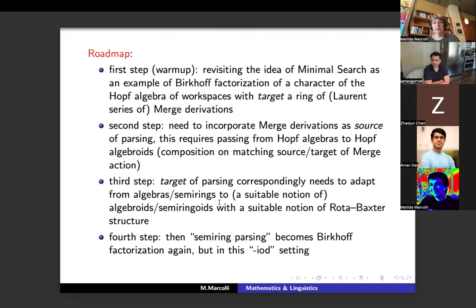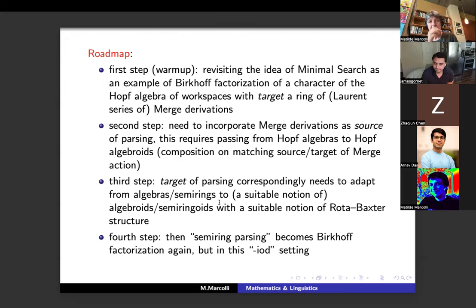So I'm going to repackage that type of argument, about selecting certain merge derivations as being nicer than others in terms of some cost function, in terms of some semiring and Rota-Baxter structure on these semirings.